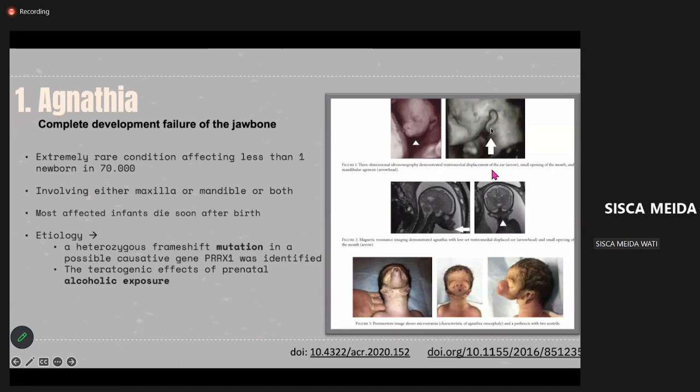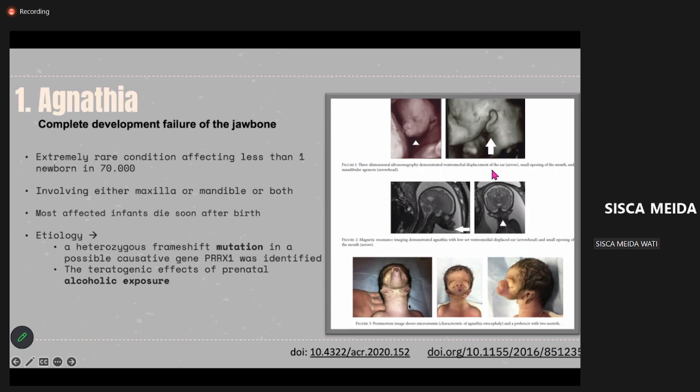The ears of the infant look moved to the midline of the face, and you see the condition of the infant's mouth: because there is no bone that supports the soft tissues around the oral cavity, the mouth looks united, making an O formation.